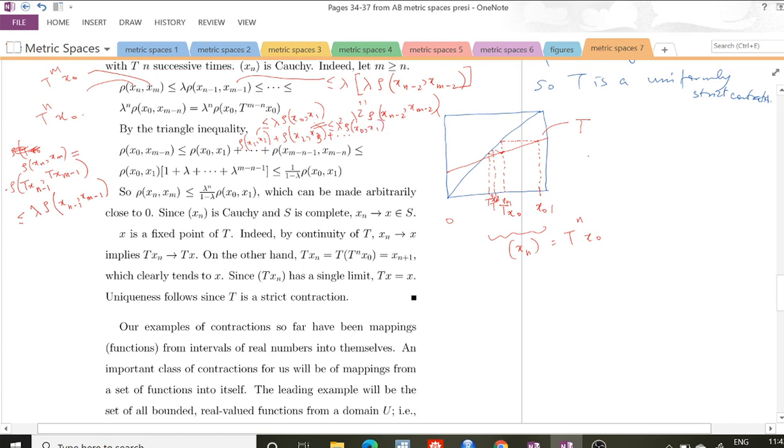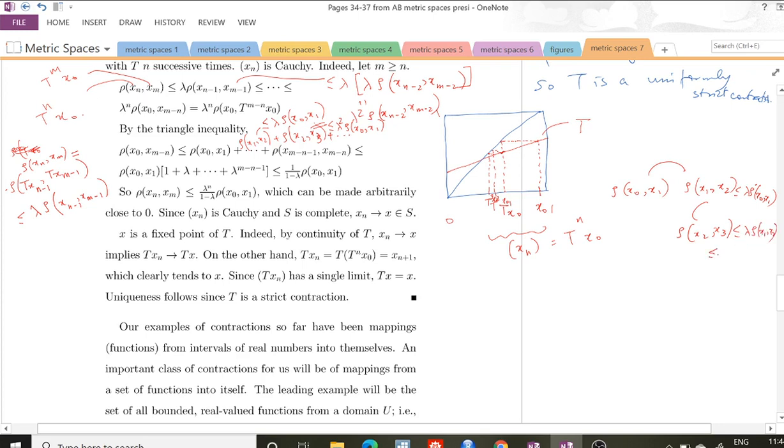So what is being said is, if I start with this distance and then I hop, I come to one hop from x naught, one hop from x1. And then I hop again, one hop from x1 is x2, one hop from x2 is x3. So that's less than or equal to lambda times rho of x1, x2.